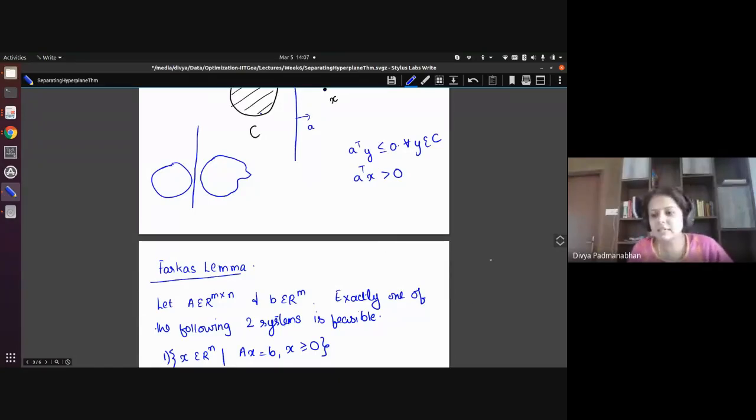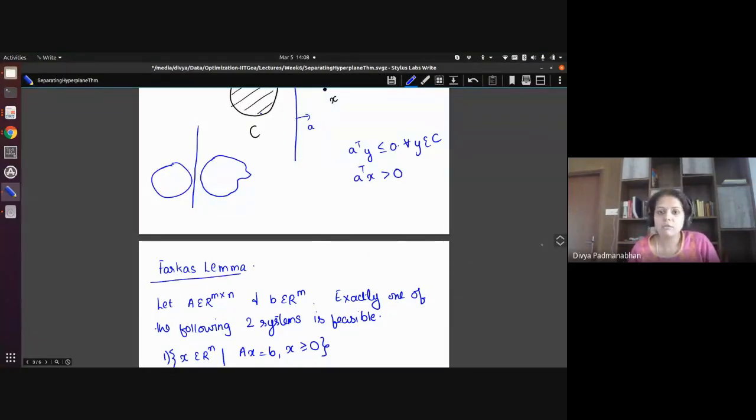In general, the separating hyperplane theorem idea is quite an important one, and in fact, the idea of separating two sets gets used in a lot of places. An example is in machine learning, when you're trying to build a classifier, which in true sense separates two classes of points.